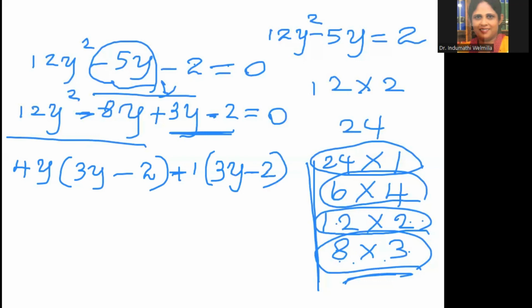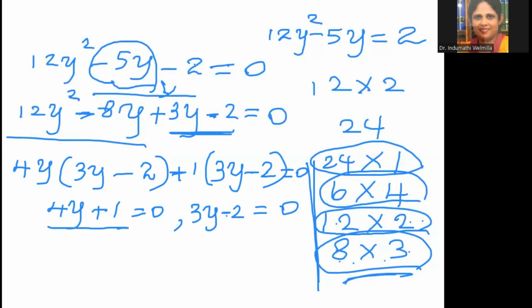Equal to 0. So therefore, what are the factors of our given equation? 4y plus 1 equal to 0, and the other one is 3y minus 2 equal to 0. Right? So how can we solve the quadratic equation?